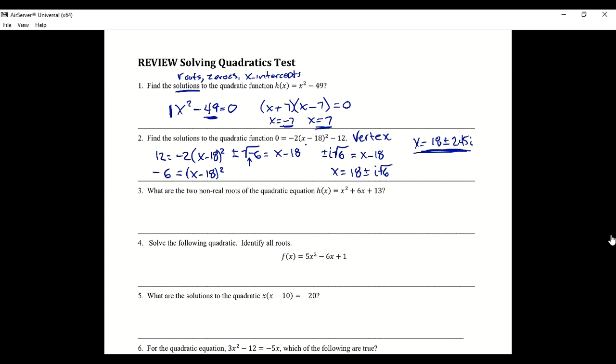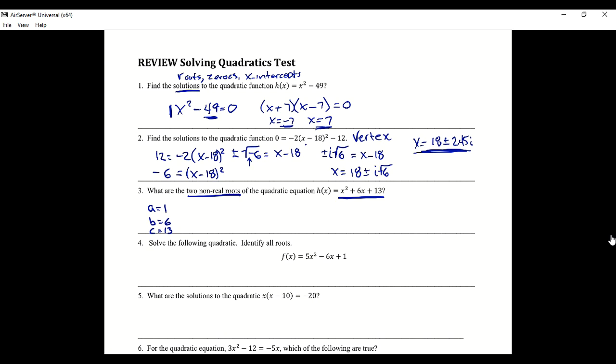All right, number 3. What are the two non-real roots of the quadratic equation h of x equals x squared plus 6x plus 13? Here we're already in standard form. And since it's telling us non-real roots, we cannot use the calculator to graph. We could use the calculator for the quadratic formula, however. So straightforward, our a equals 1, our b equals 6, our c equals 13.